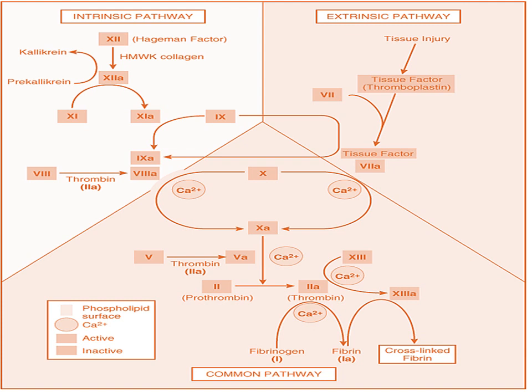This factor 7 comes in contact with the tissue factor. This tissue factor is also called thromboplastin. When these two come in contact, it results in the formation of a complex called the tissue factor factor 7 complex.